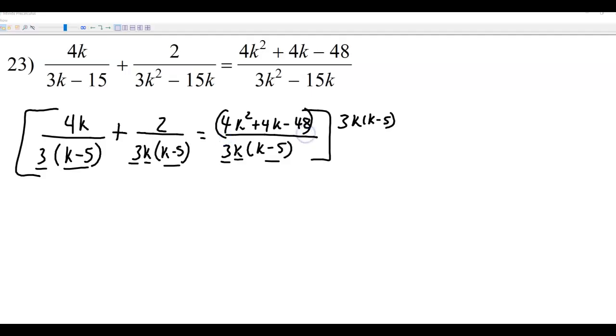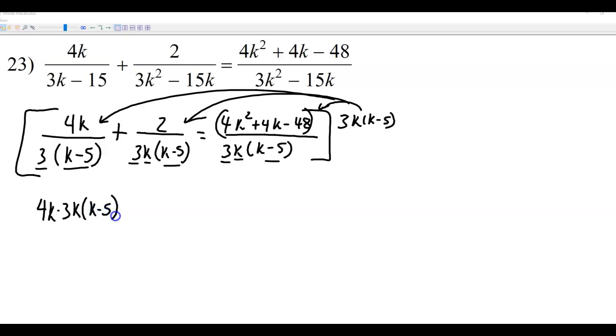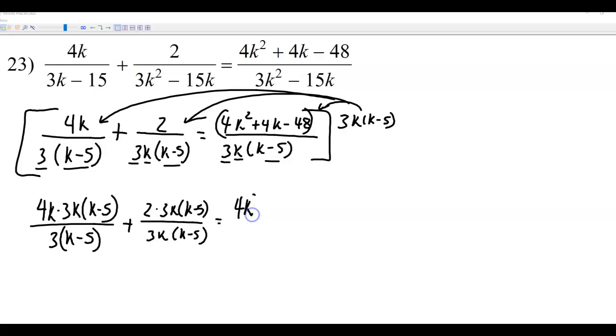Okay, and we're going to be putting that on the top of each fraction. Okay, and so here we have the 3's canceling, and we have the k minus 5's canceling.